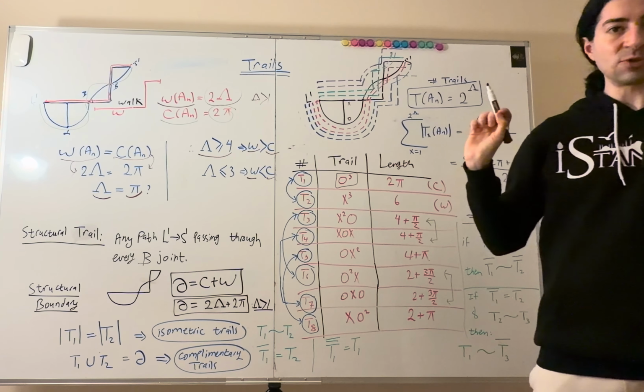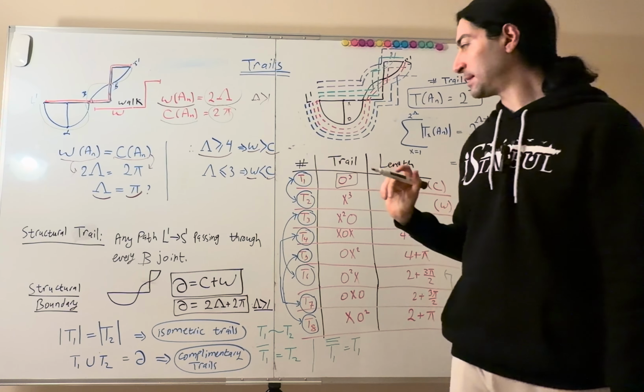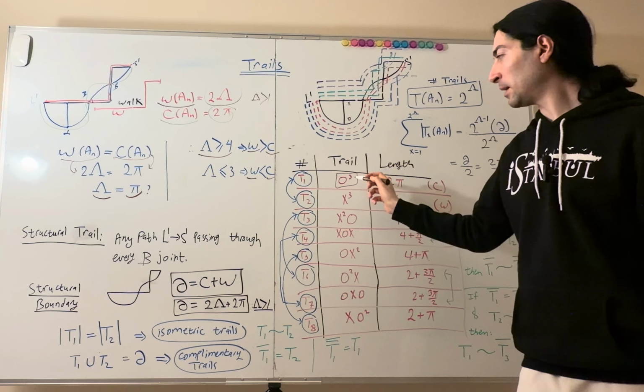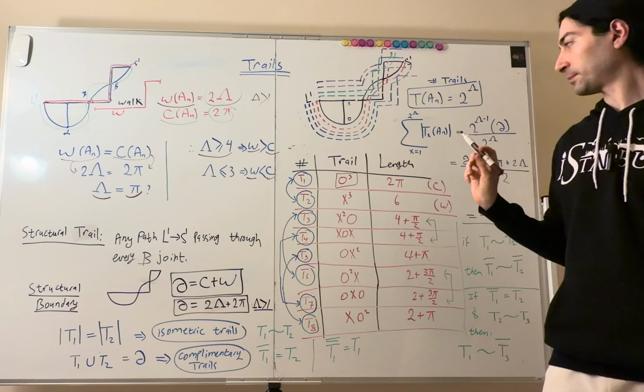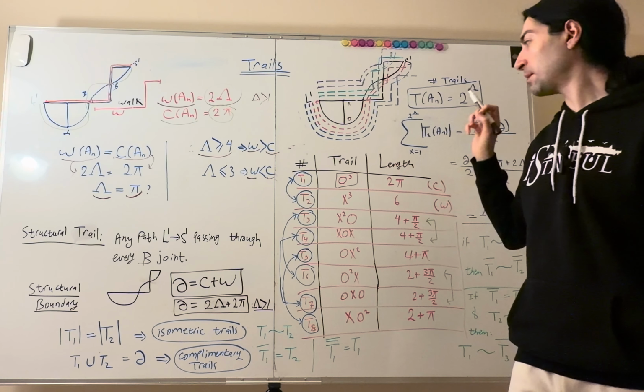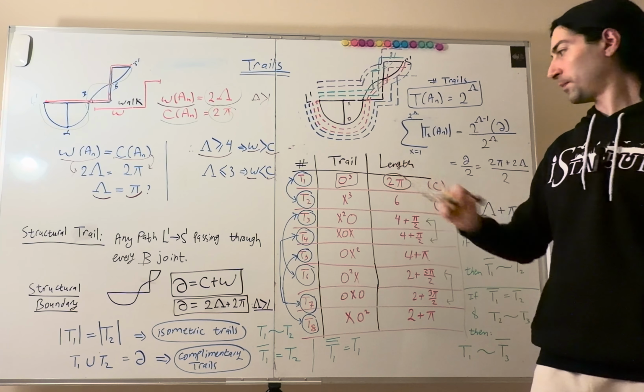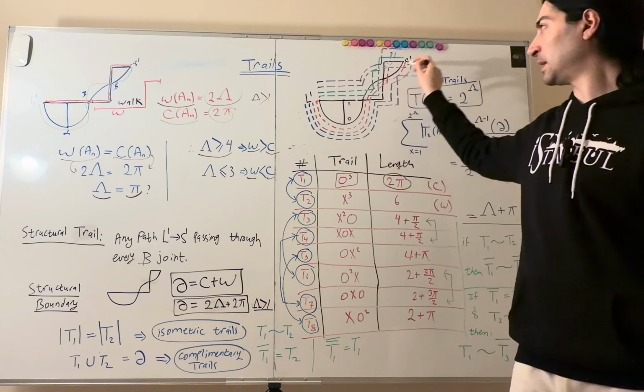So this particular trail, which we will refer to as T1, is simply O cubed, and it has a length equal to 2 pi because it follows the curve.